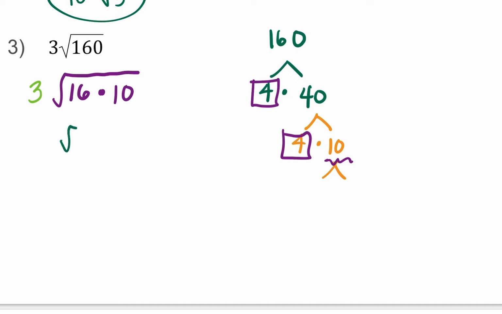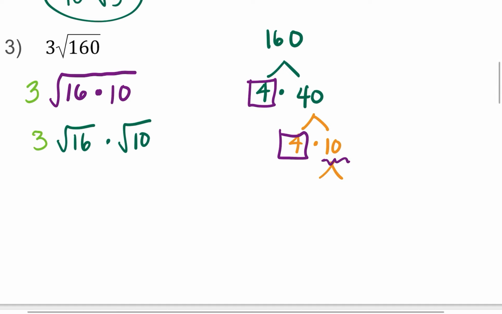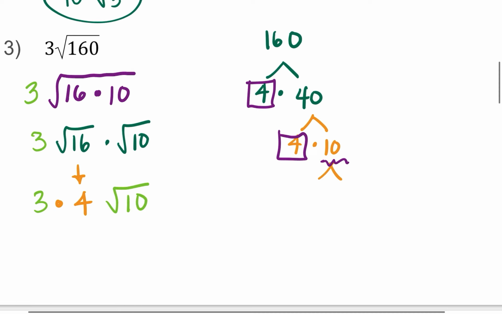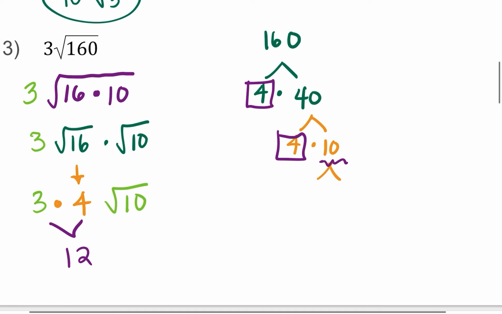So we'll have square root of 16 times square root of 10. We drop the whole number 3. And square root of 16 is equal to 4. And we drop 3, which is a whole number, and square root of 10. And so therefore, our final answer is 12 square root of 10.